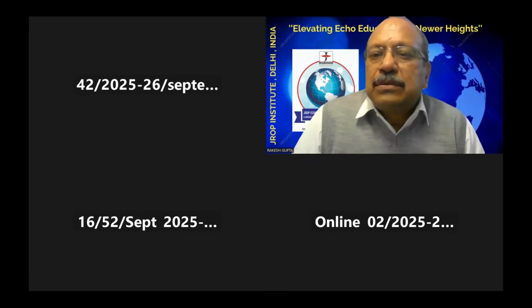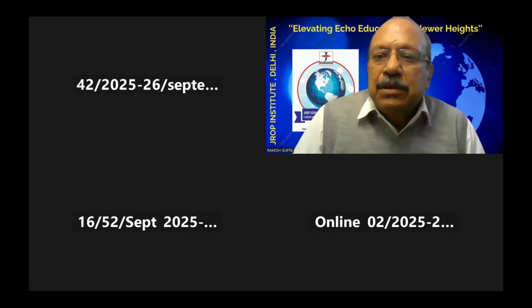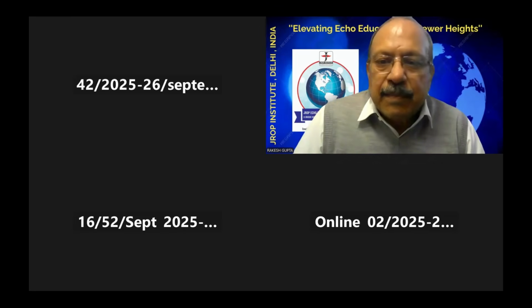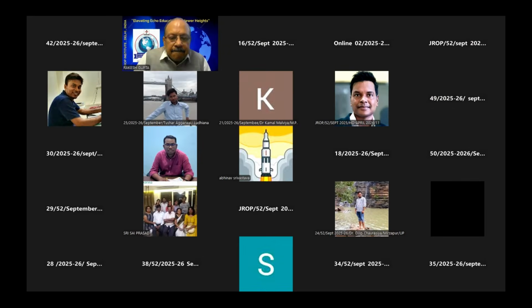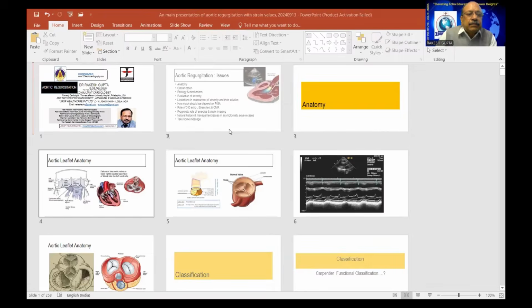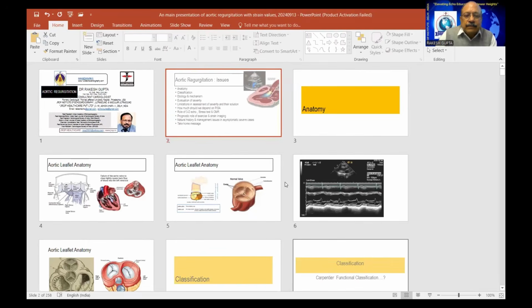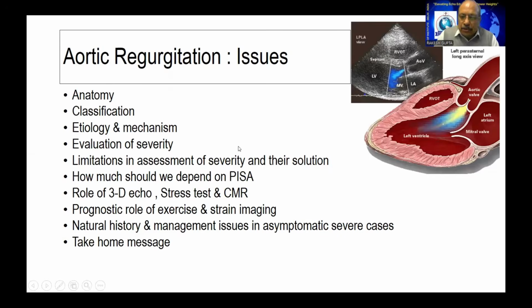All right. So let me just go to my presentation. Not too much of AR I'm going to talk about, but I'll definitely talk about anatomy, classifications, etiology, and evaluations.